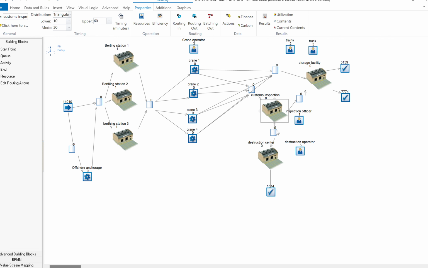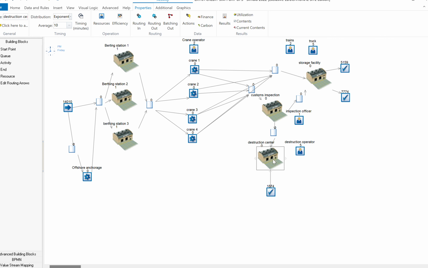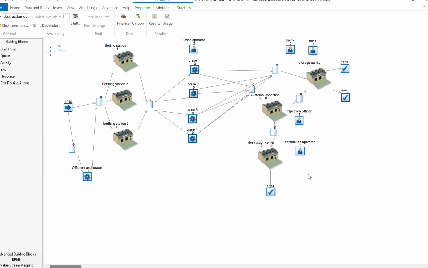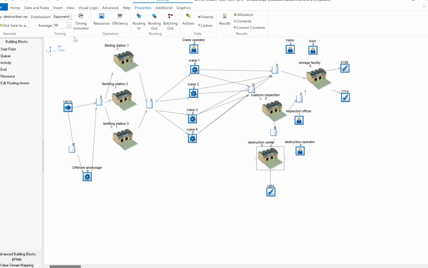And then if the cargo is found to be illegal, it will get sent to the destruction center and obviously destroyed, which also is resourced. So this is the same thing. During a shift, there's a certain amount of operators, and that determines the efficiency. Here, if you look, it's just an exponential, a fixed rate for how long it's going to take to destroy any illicit or illegal cargo.